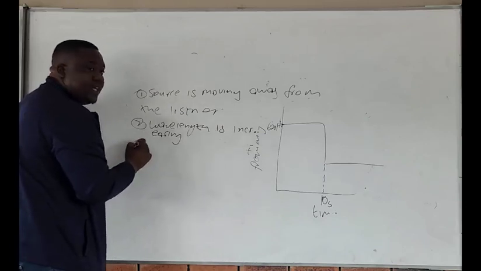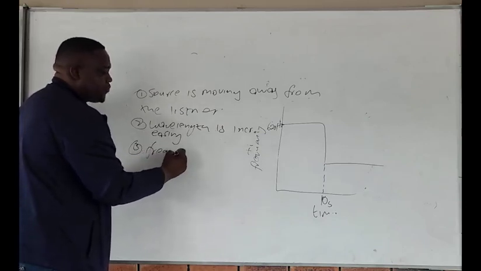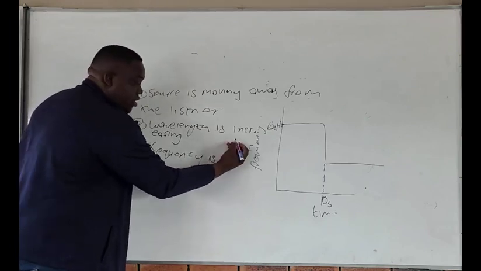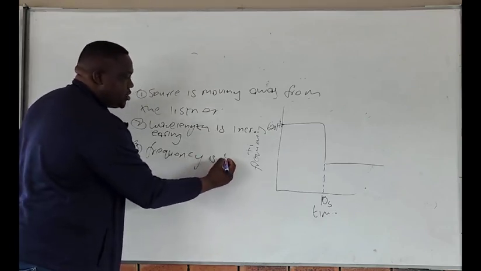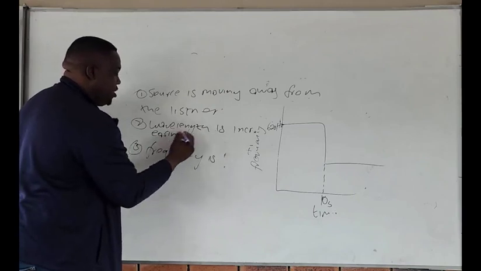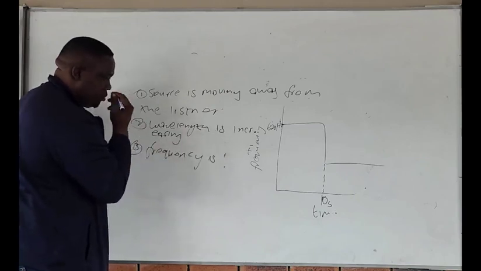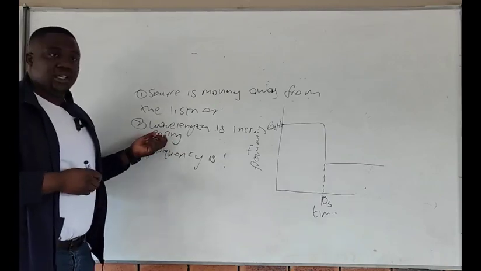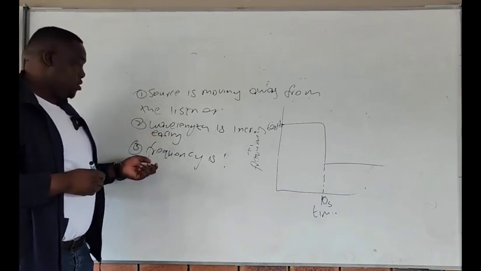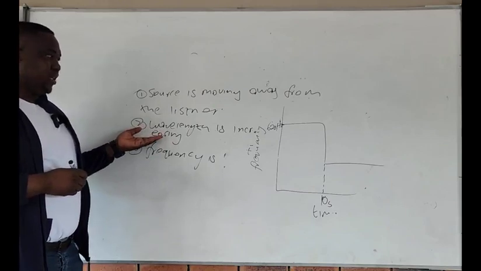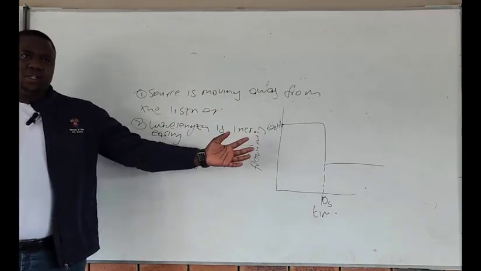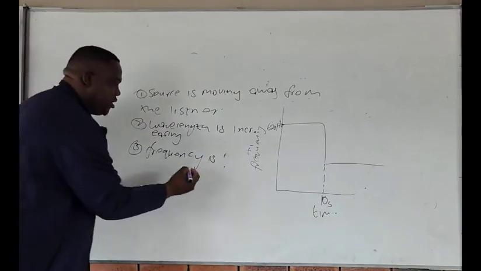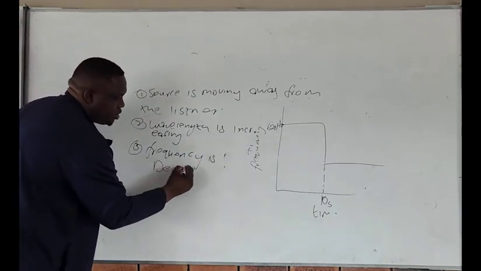What about the frequency perceived? The wavelength is increasing, right? When the wavelength increases, it means the distance between the two increases, right? Then the frequency is decreasing.